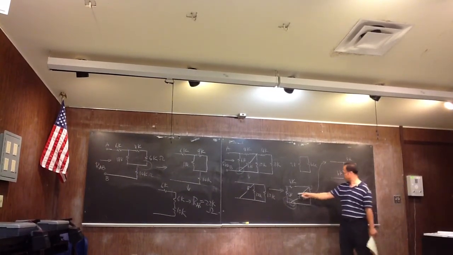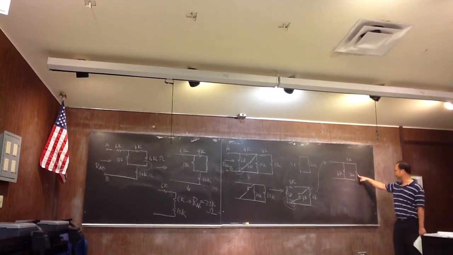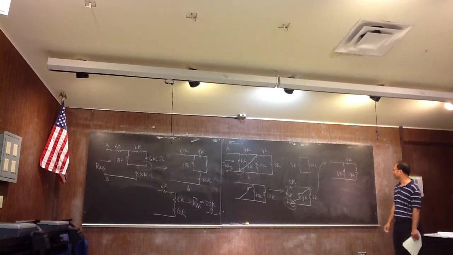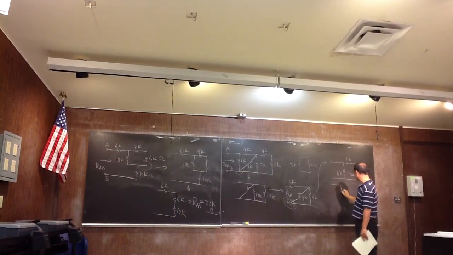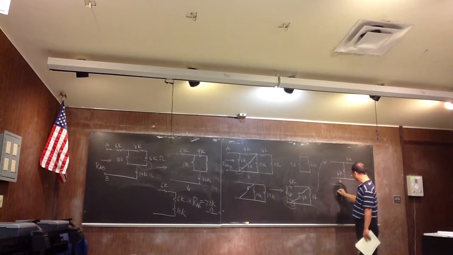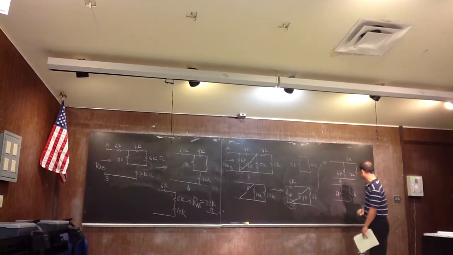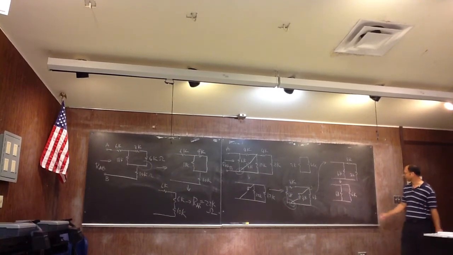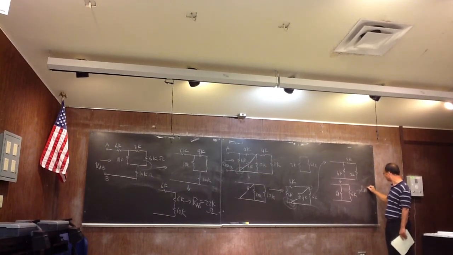Because these two have become a single resistor of 2K. Now these two are in series again. Yes, so you have 6K, 6K. So finally, these two are in parallel, and your final answer is 3K.